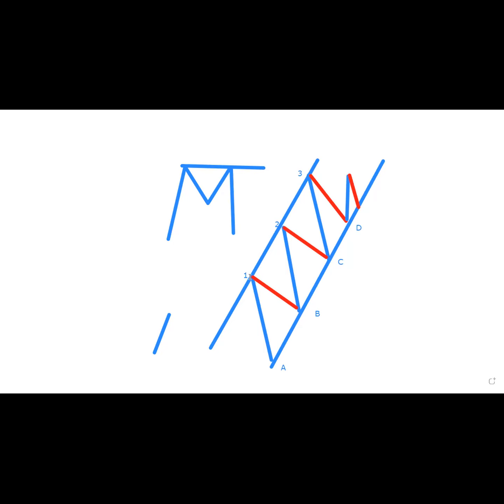True. Good. The buy that went from point C to 3 was higher than the one from point B to 2. True. The buy that went from point D to 3 was higher than the one from point C to 3. Is that true or false? True.